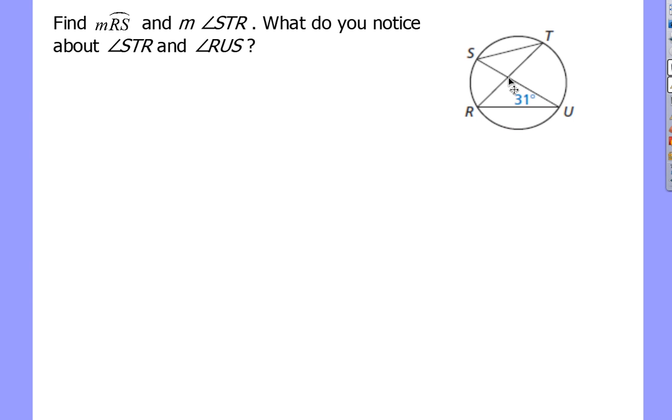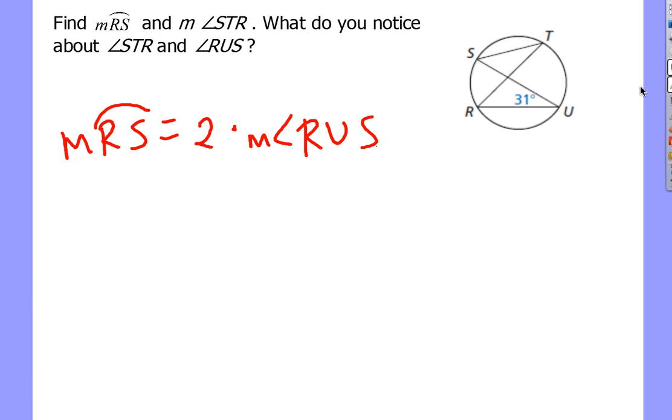From our inscribed angle theorem, we know that the measure of arc RS should be equal to 2 times the measure of angle RUS, right in here. Let's go in order, RUS. So 2 times 31 is 62. So the measure of arc RS is going to be 62 degrees.